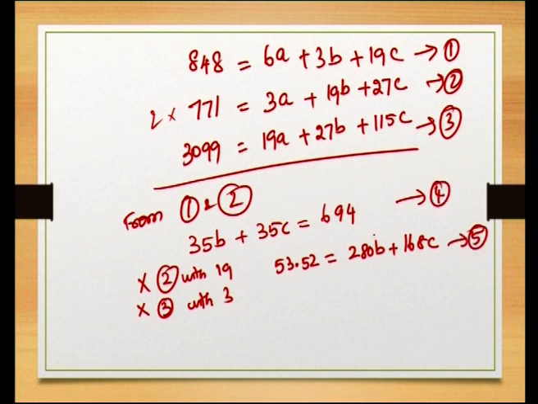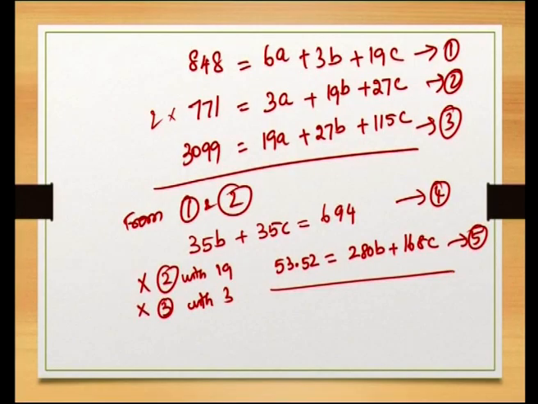Now, after reducing the equations in terms of a, b, c to b and c alone, we can just solve these 4 and 5 and we get the b value and c value. B value comes to be equal to 18.04 and C value comes to be equal to 1.786.